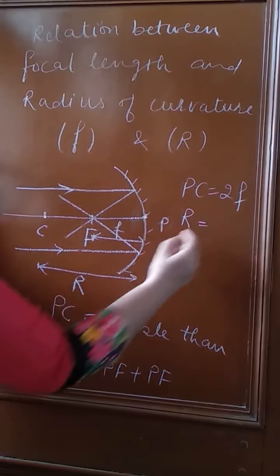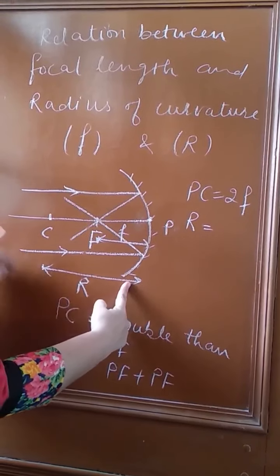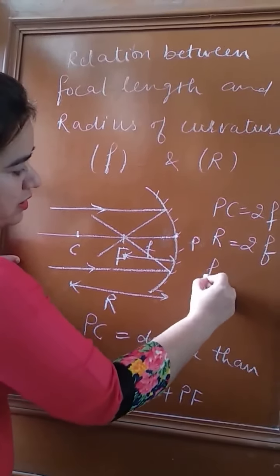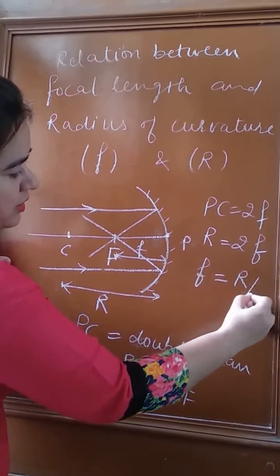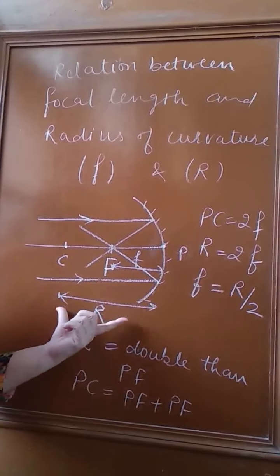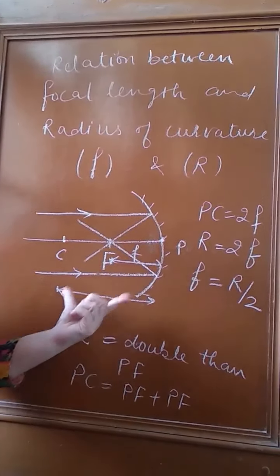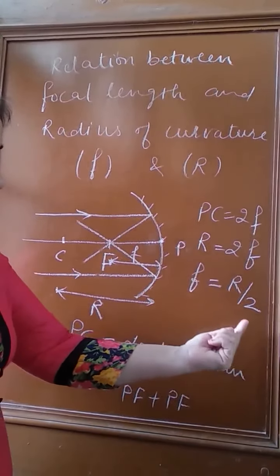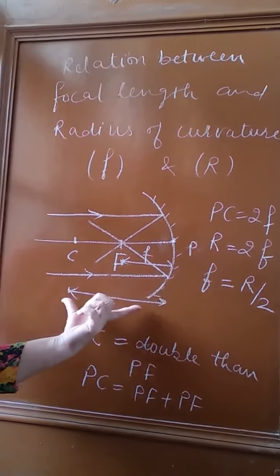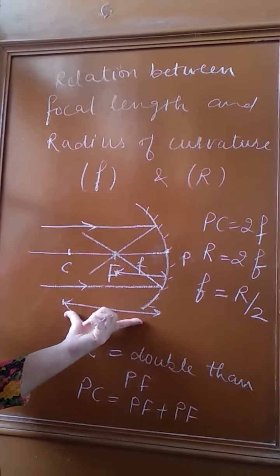PC is equal to R. This is the radius of curvature. Now R is equal to 2f, or f is equal to R by 2. So what is the relation between radius of curvature and focal length? Focal length is half of the radius of curvature.